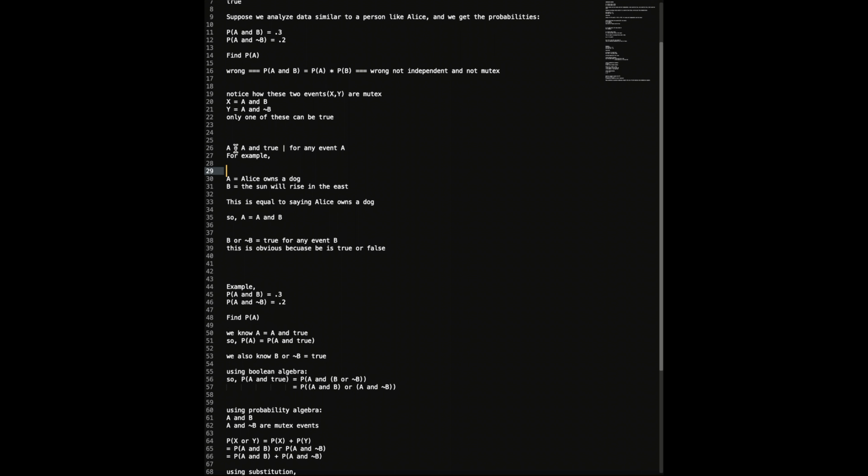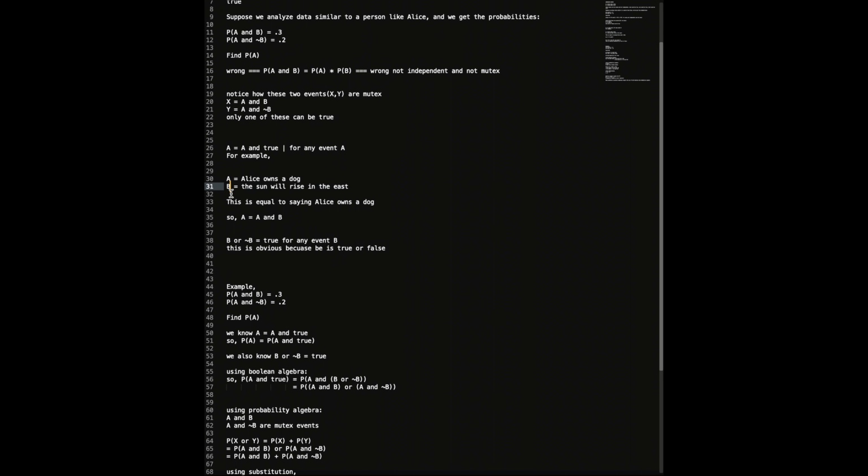So let's look at this in examples. Suppose event A is Alice owns a dog, and suppose event B is the sun will rise in the east. This is equal to saying Alice owns a dog, because we know the sun will rise in the east. This is a true statement, right?